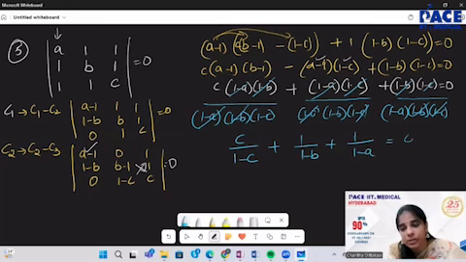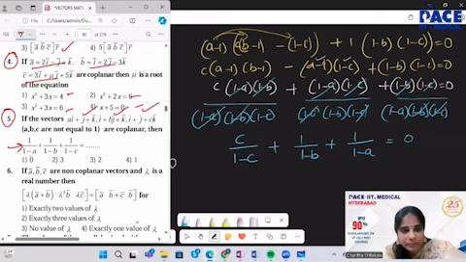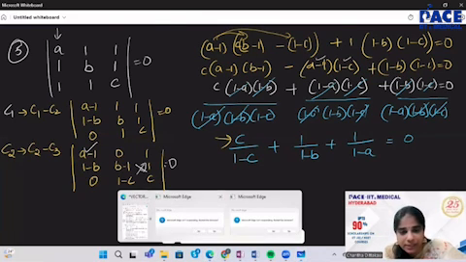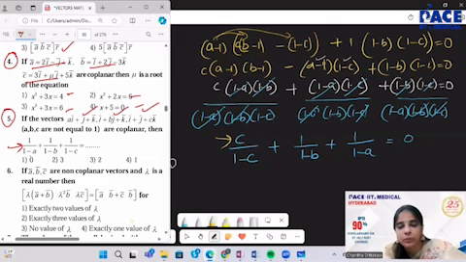equal to 0. Now, the basic question is here. They are asking regarding, observe, 1 minus A, 1 minus B, 1 minus C. But we got C by 1 minus C, which is the part that is still irritating us, isn't it? So this is the part which is still irritating us. So when I have to remove this, what do I do?